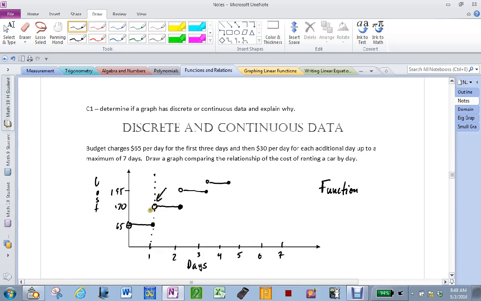Because that point doesn't exist, does it? Only that point exists. Everybody cool? What's the name of that special function?